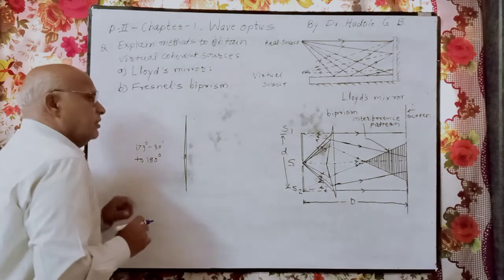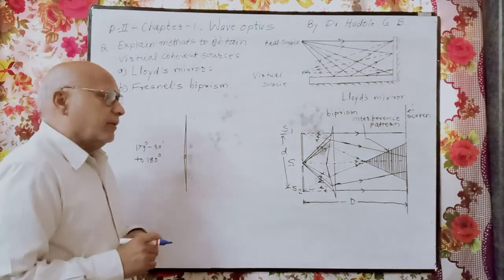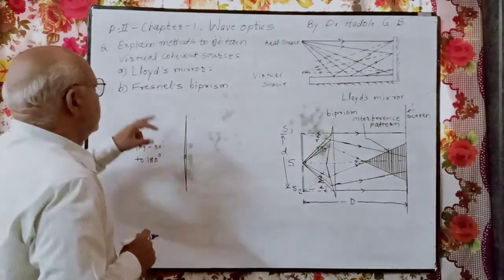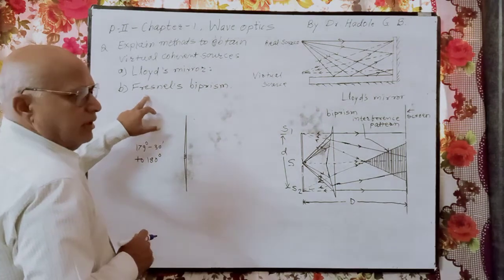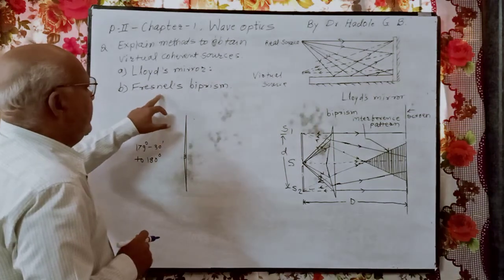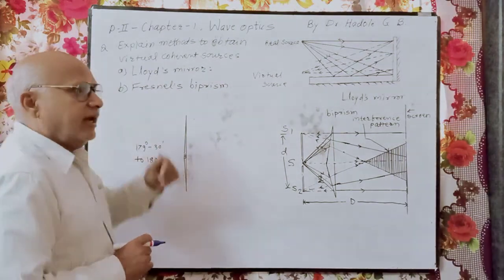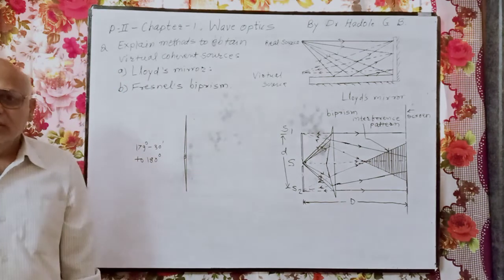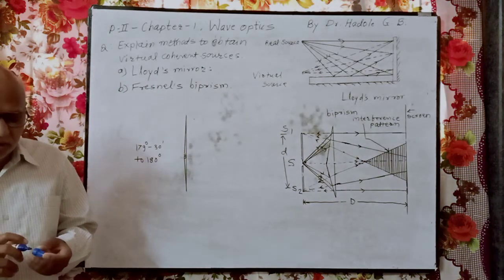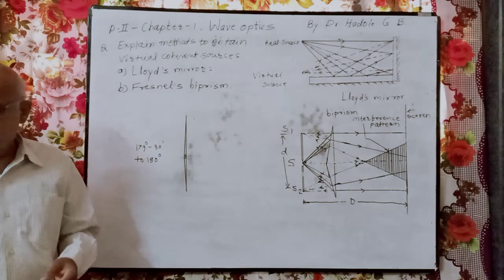Such a prism is called a biprism, and in this experiment, invented by Fresnel, he obtained two virtual sources of light.